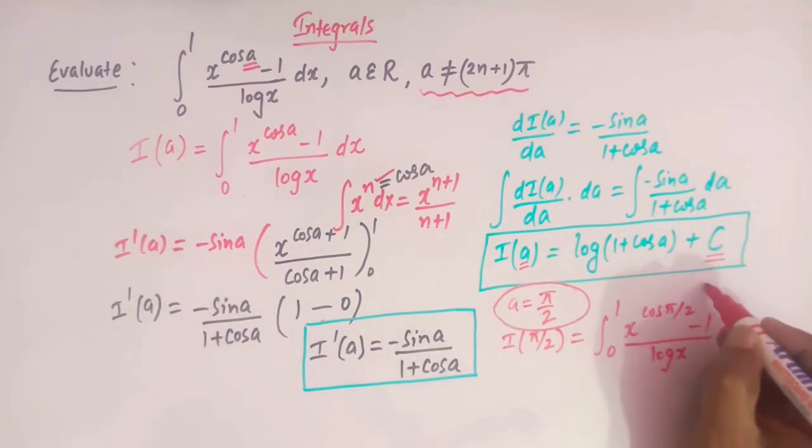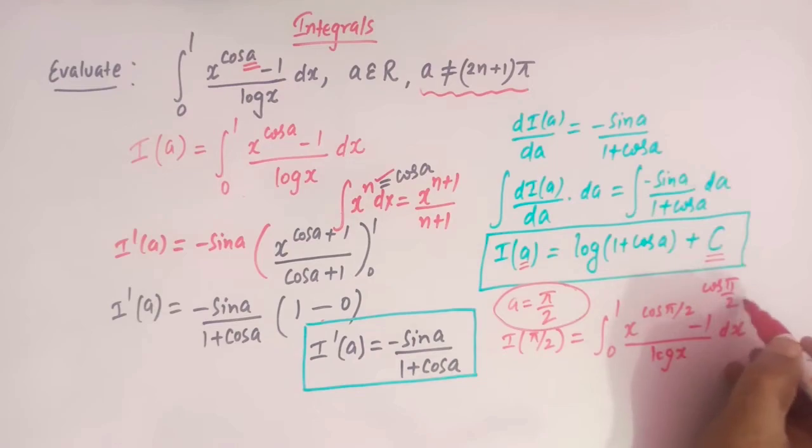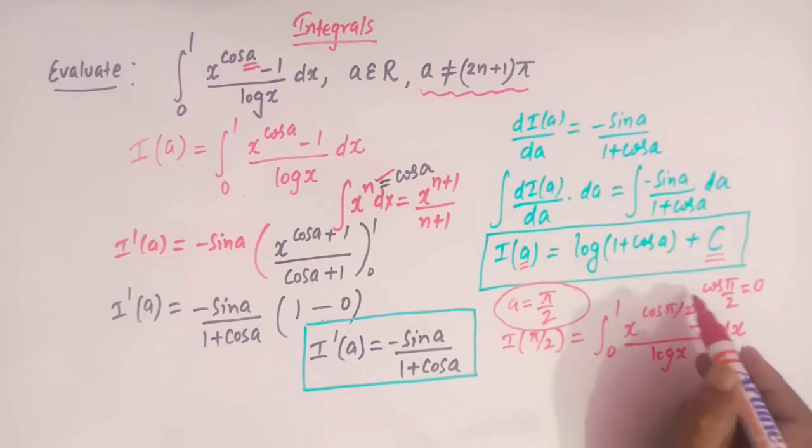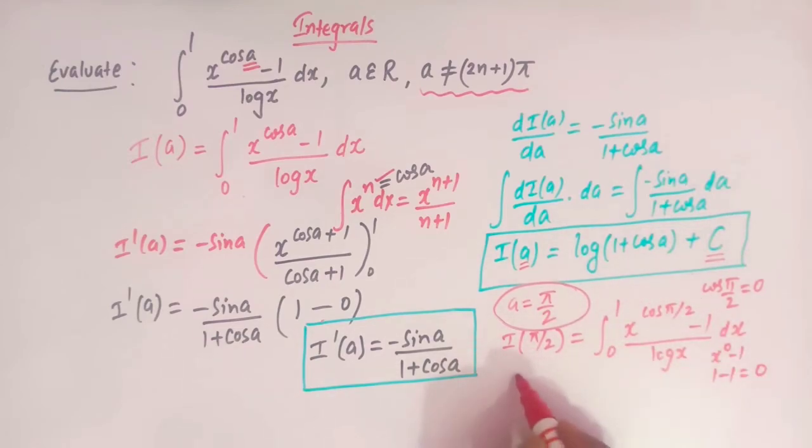And we know that cos of pi by 2 is 0. So here we have x raised to 0 minus 1 in the numerator. X raised to 0 is 1, so 1 minus 1 is 0. So the integral disappears here. So we have I of pi by 2 is equal to 0, right?